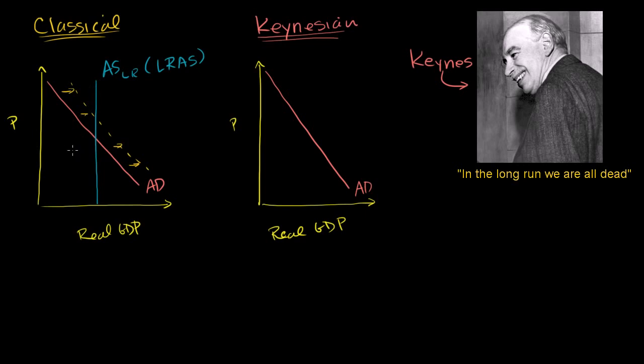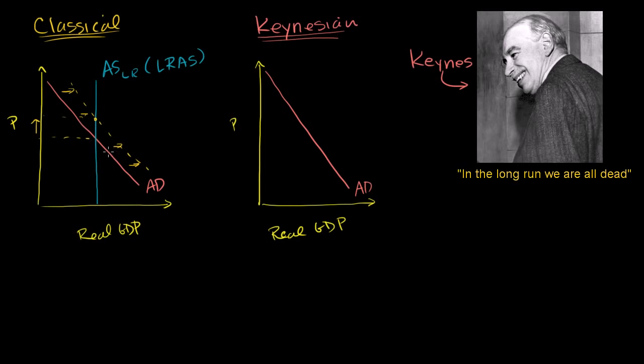So the net effect is it didn't change the output in this classical model. All that happens is that the price goes from this equilibrium price to this equilibrium price over here. So the price would go up, and you would just experience inflation with no increased output.